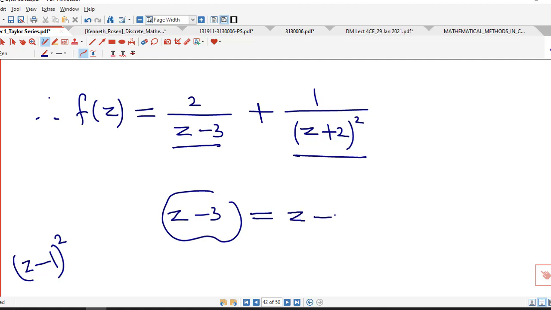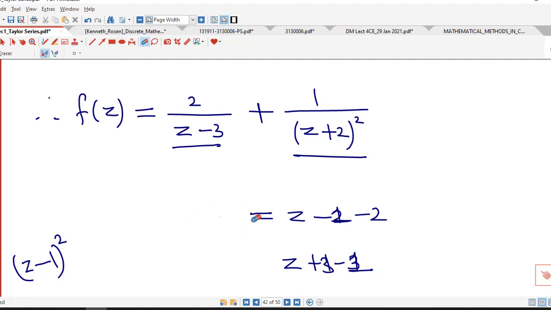Here we can rewrite 3 as z minus 2, or z minus 1 minus 2, and the same thing here, we can write 2 as z plus 3 minus 1, and then we will try to adjust in terms of z minus 1.